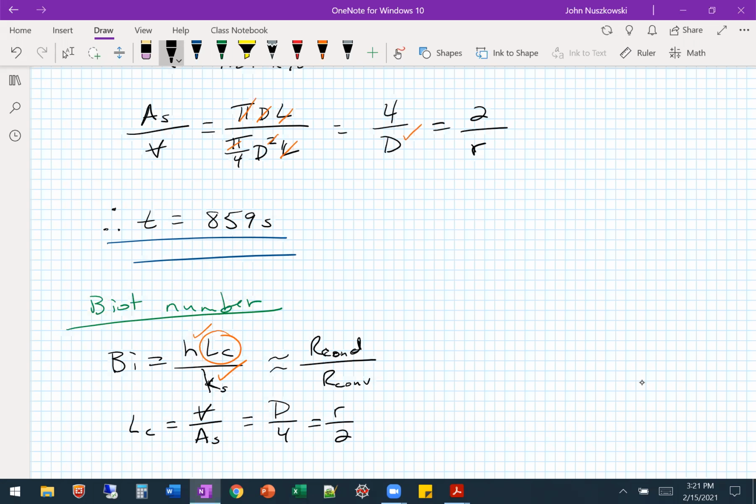In the chapter, they actually have a few characteristic lengths. They'll have it on page 259, first paragraph, where they give the characteristic lengths for a long cylinder, sphere, and a plane wall.